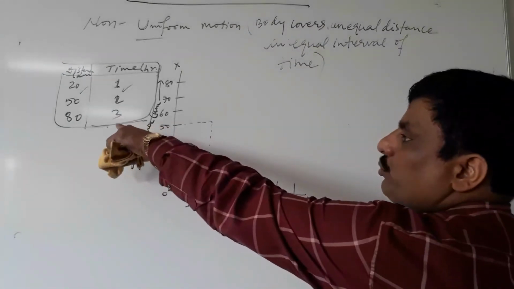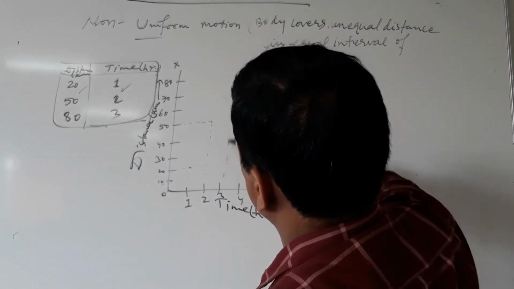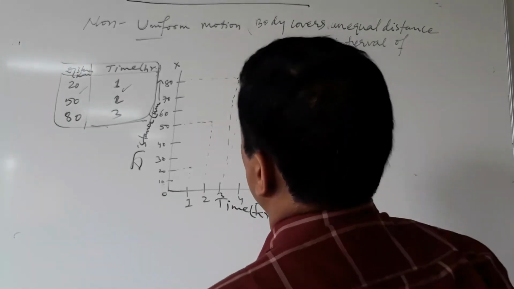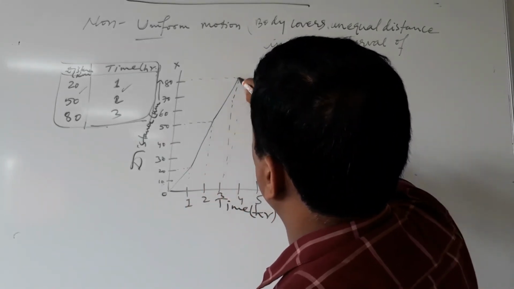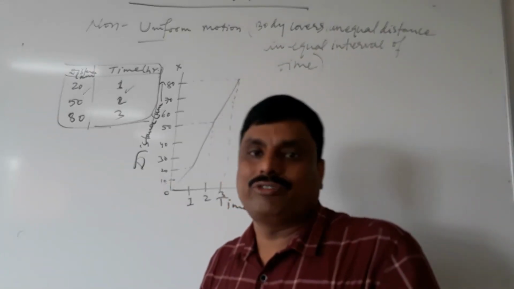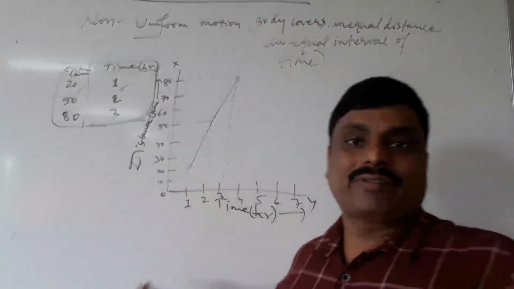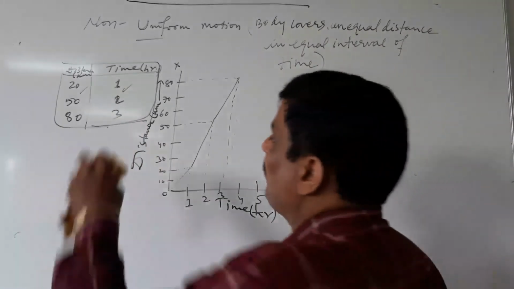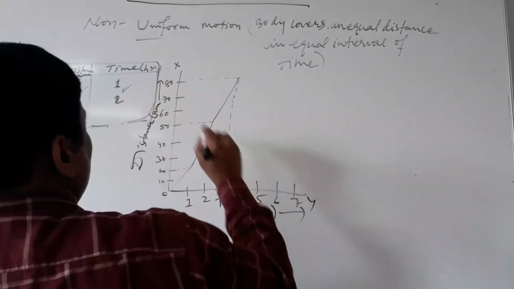In 3 hour you just see 80, reach up to 80. Use a scale to draw this line, dotted line, and just try to join this. Here coming, then here coming, then here coming. This is not a straight line. This is non-uniform motion. Here this graph shows body covers unequal distance in equal interval of time. Here 1, 2, 3.